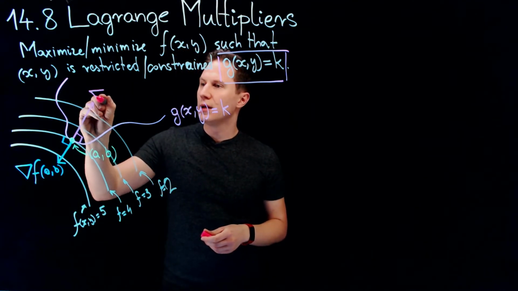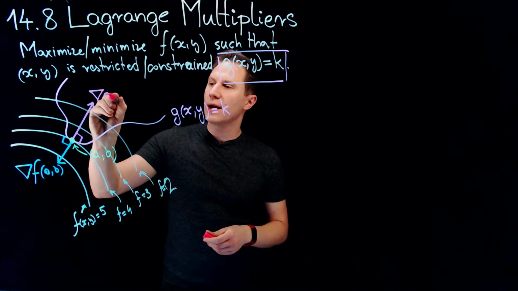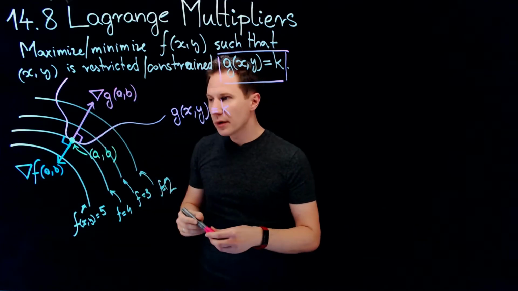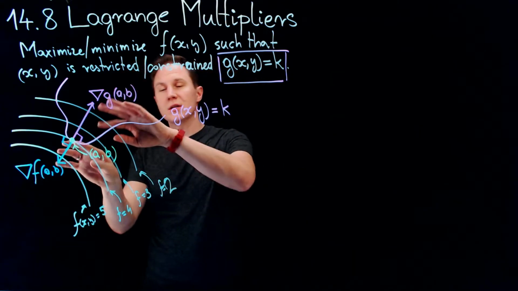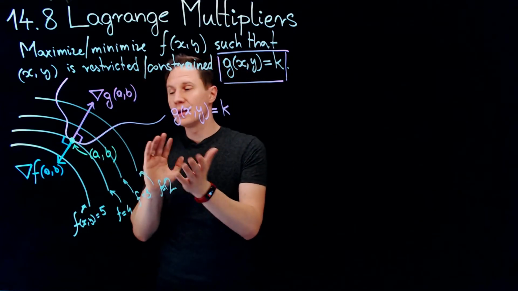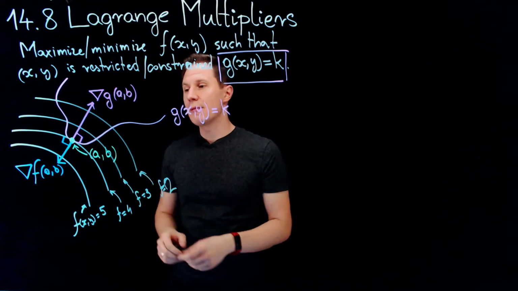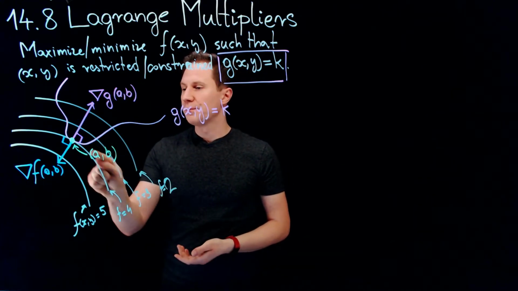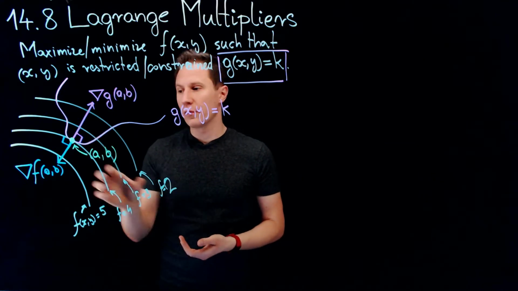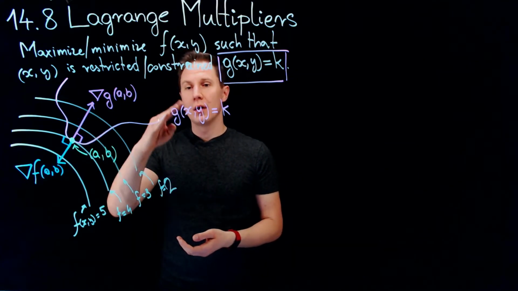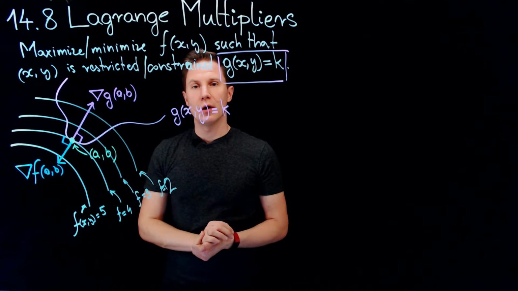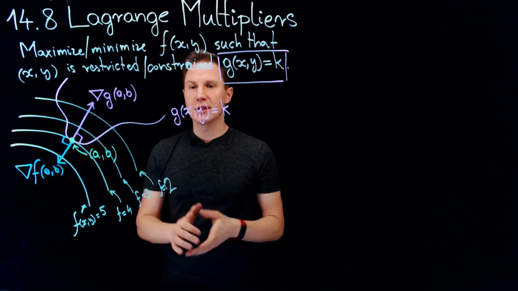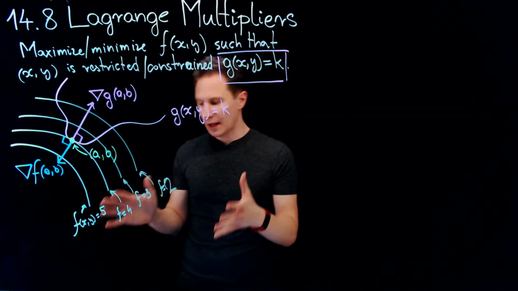So this would be the gradient vector of g at (a, b). The main point is that these vectors might be of different length or point in the same or opposite direction, but at a local maximum or minimum of our function f along this level curve of g, these gradient vectors must be parallel to one another.